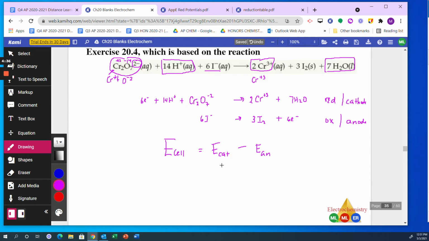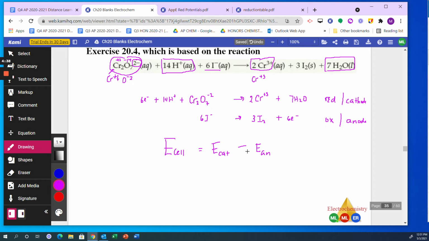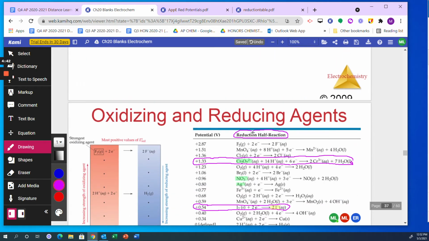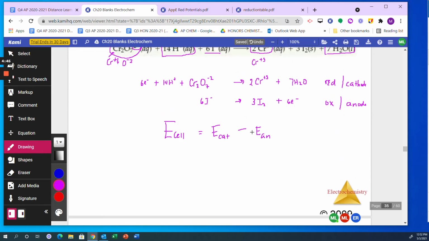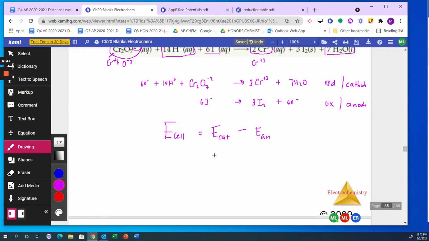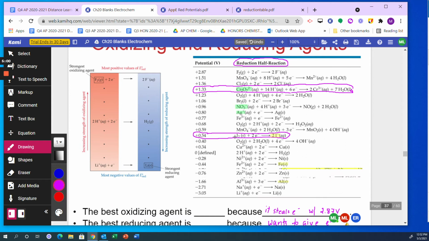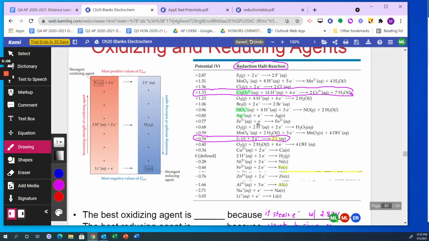So the cathode is, what was it again? It was 1.33. This is the cathode, so the voltage is 1.33 volts minus the anode is I2 and I-. So I is given here, and it's written backwards. I2 reduced to I-, but in the equation above, it's being oxidized.